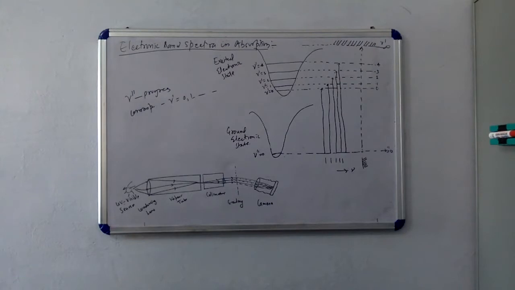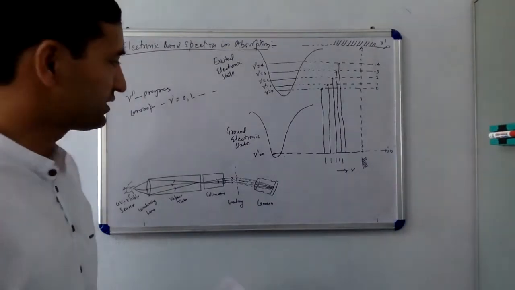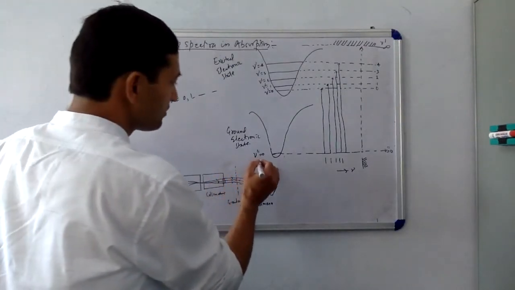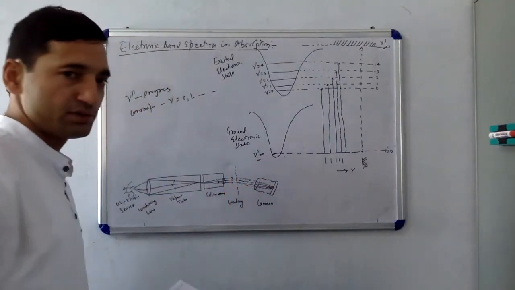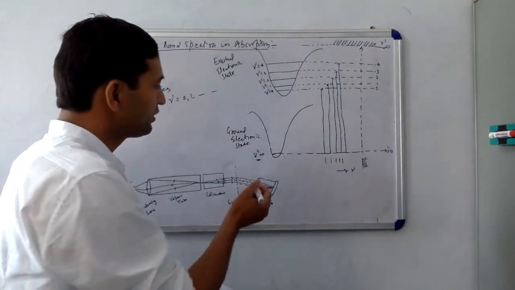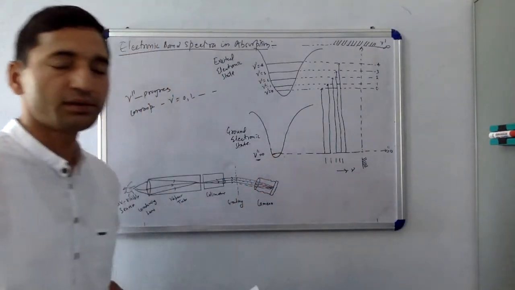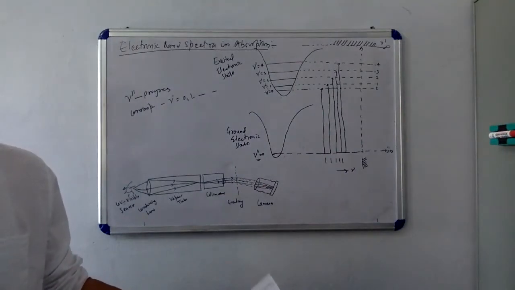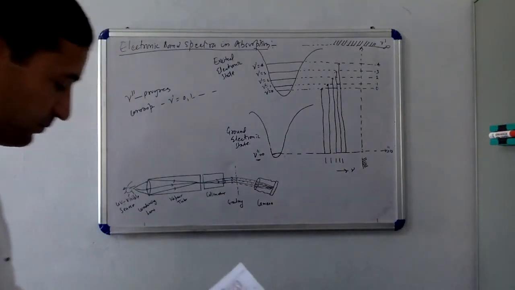In an absorption experiment, on the other hand, the sample is at room temperature. At such temperature, according to the Boltzmann distribution, most of the molecules are in the ground state, that is, ν″ equal to 0, and very few molecules are excited in ν″ equal to 1 or higher levels.